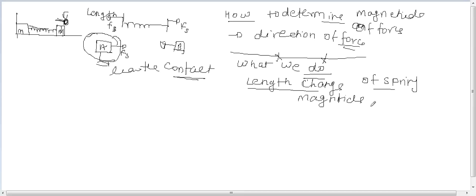And second, we determine the length of the spring.